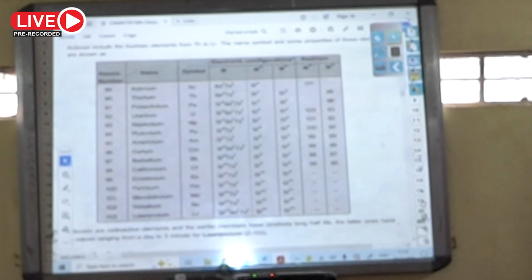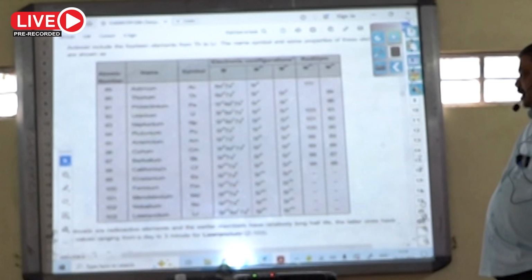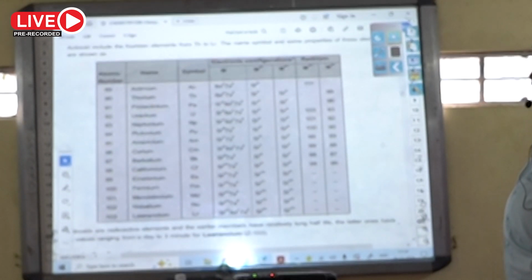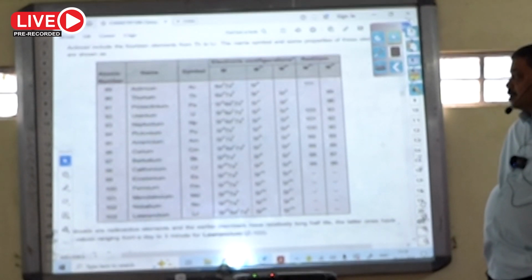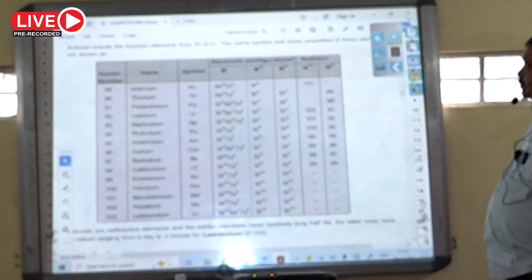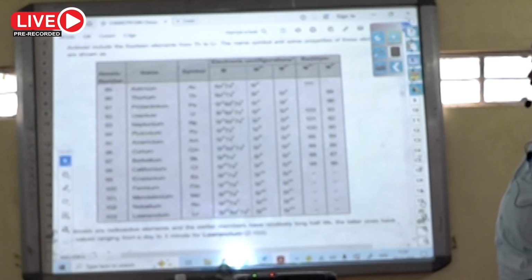The configurations also we discussed yesterday. So actually actinium, thorium. In thorium also the F sublevel has not started filling. Protactinium F2 it starts, uranium is F3. Like that it goes on.